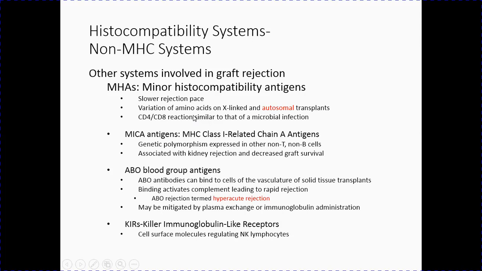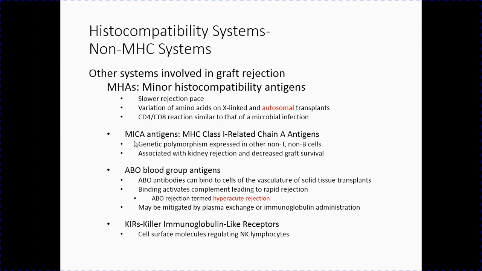The 3 systems that we think of that are involved with these minor histocompatibility antigens, there's 3 of them. There's the MICA antigens, which are the MHC class 1 related chain A antigens. It's a mouthful, right? That's why we call them MICA.